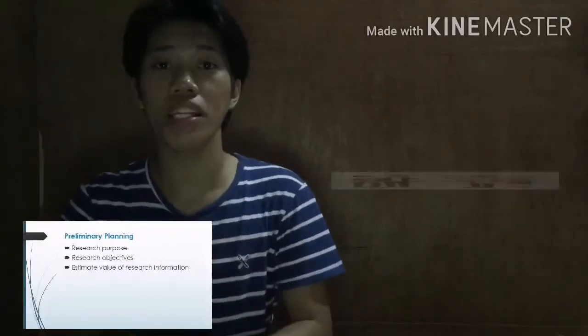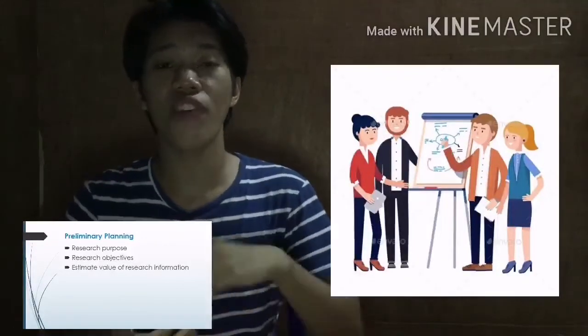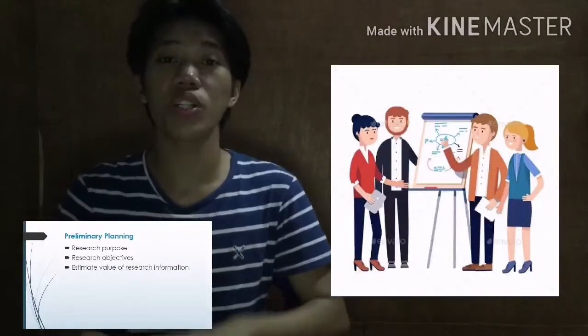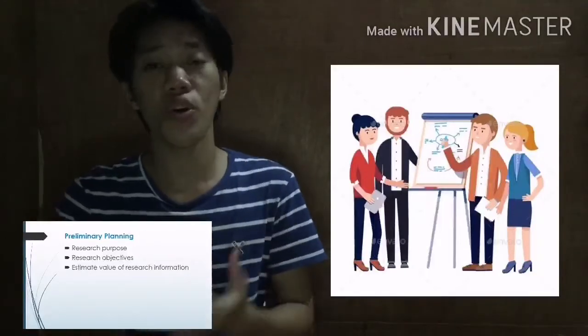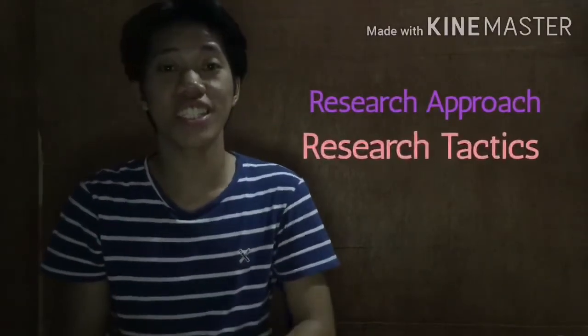These three factors are important in preliminary planning because they serve as a guideline on how to make an effective research design, taking into consideration what its purpose and objectives should be in order to gather sufficient information. In the research design, we have research approach and research tactics.